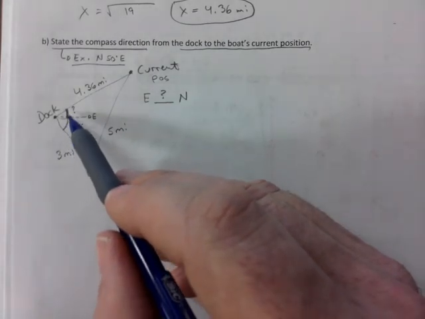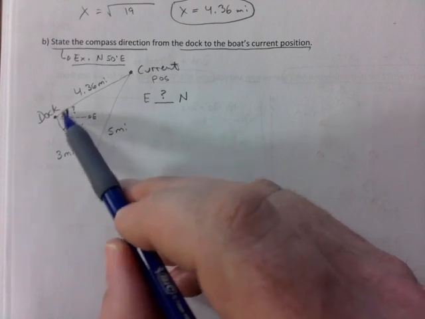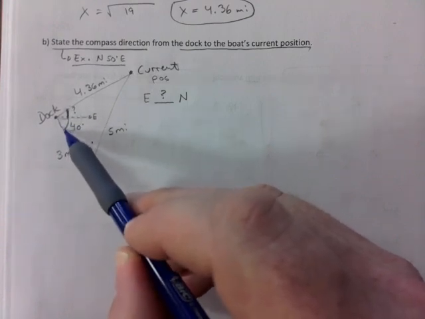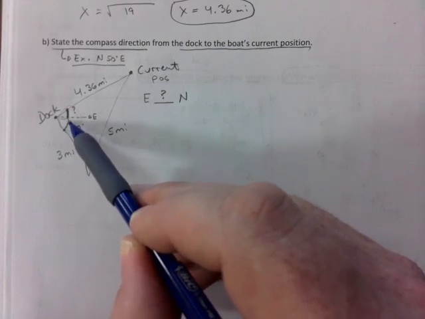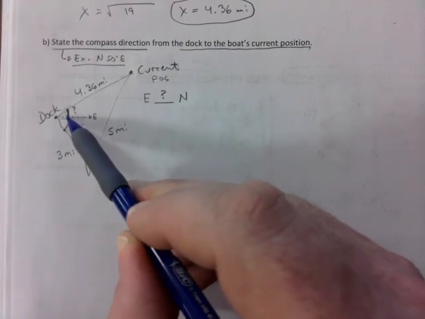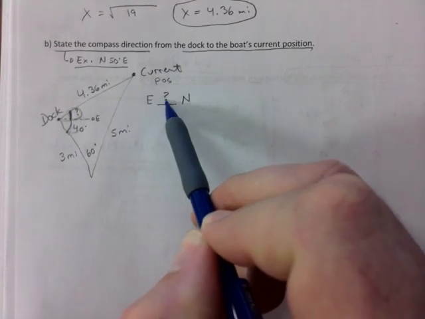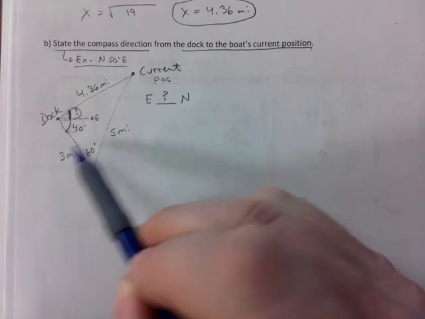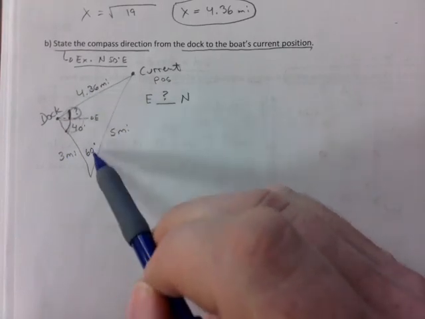What's my approach going to be? I'm going to figure out this whole angle, the whole angle from end to end. I'm going to take away 40 from it. And then I will know how many degrees go in here, and then I can fill in this gap. That's going to be my approach. We have side, side, side, so you could use cosine law. We've got a pair here.